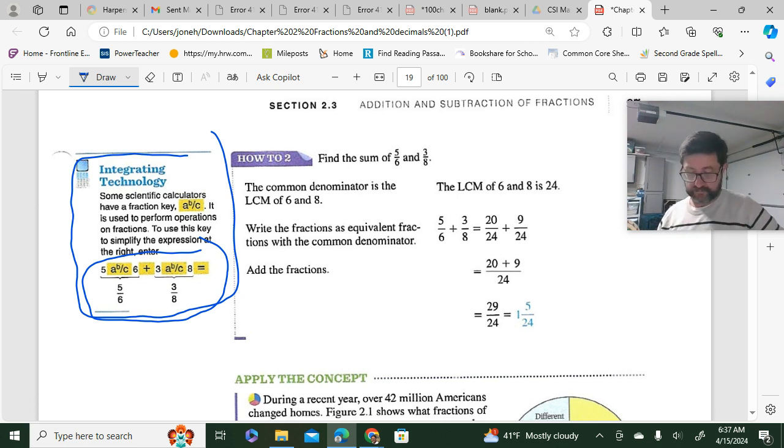So let's go 5 fraction button 6 plus 3 fraction button 8. Oops, didn't have mine turned on. It's not that good a light out here anyway.